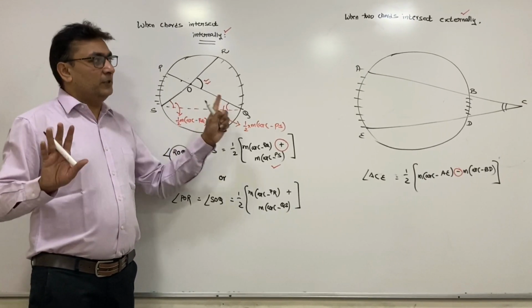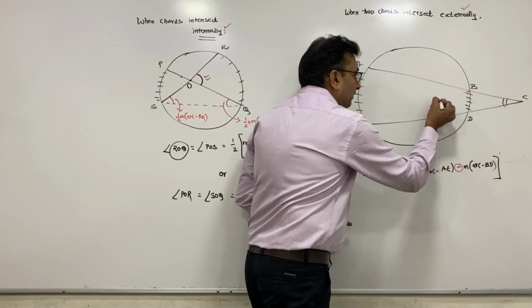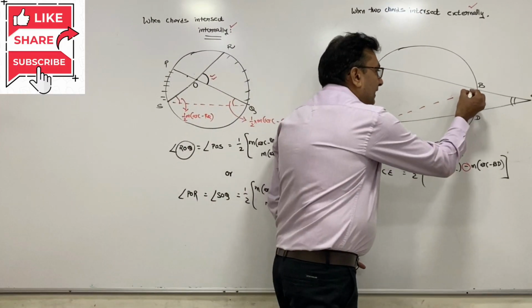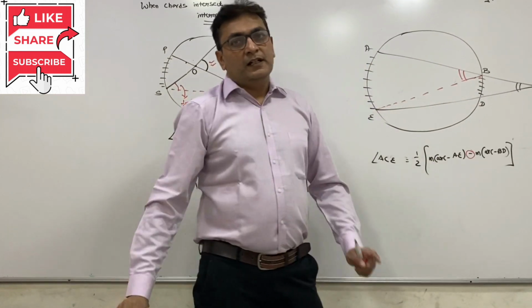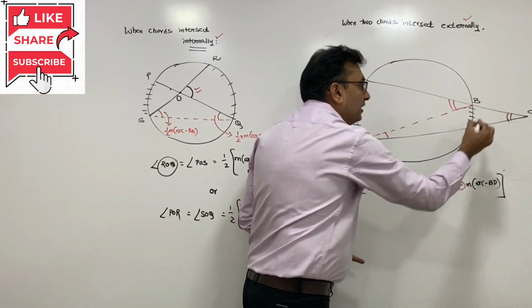The rest of the property is simple. The external one you can also prove. Suppose I draw these two lines, can I say this is an exterior angle of triangle BEC. Again, the exterior angle is equal to the sum of the two remote interior angles.